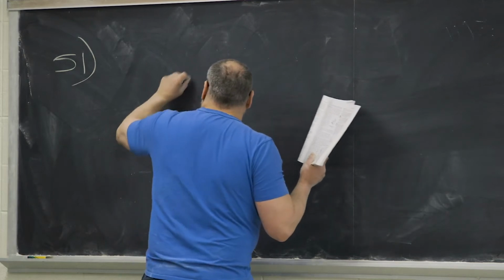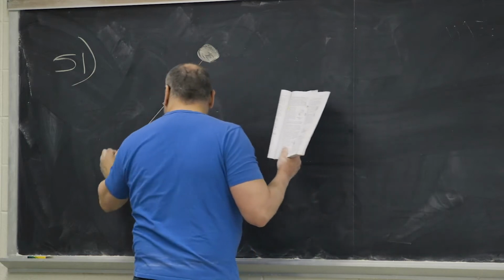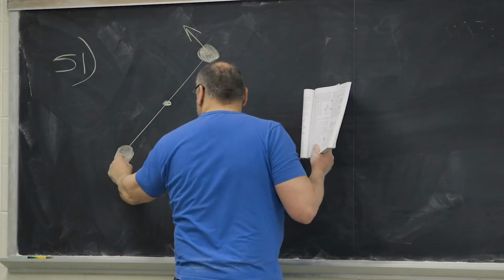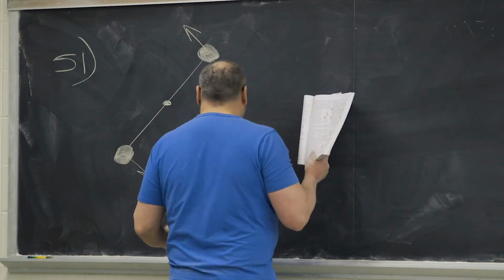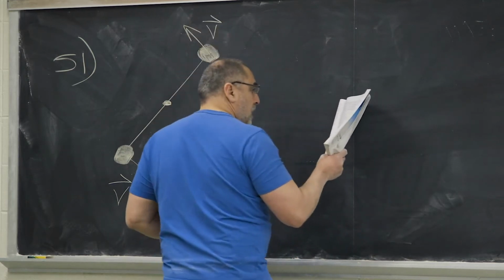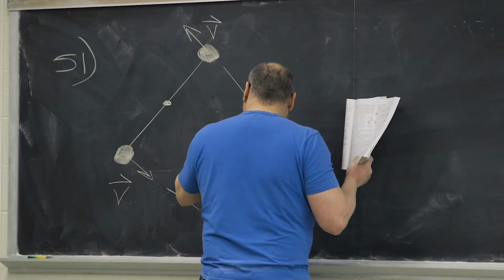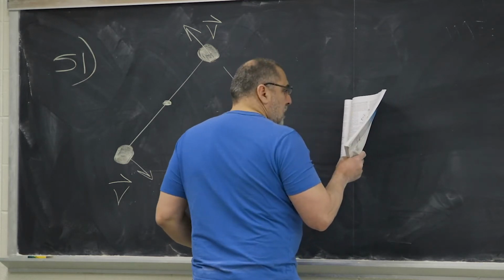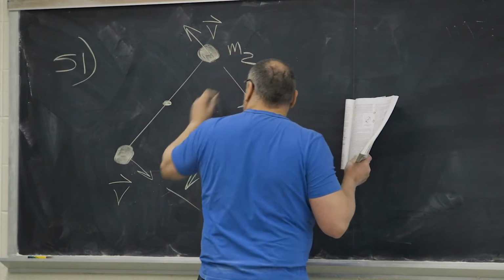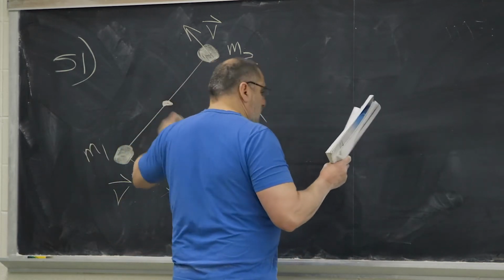So there was this thing here. Vector quantity, the length of the rod, L. This is M2, this is M1, here's the axle right here.